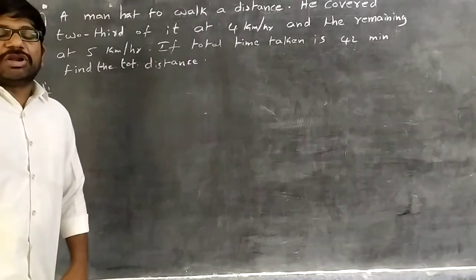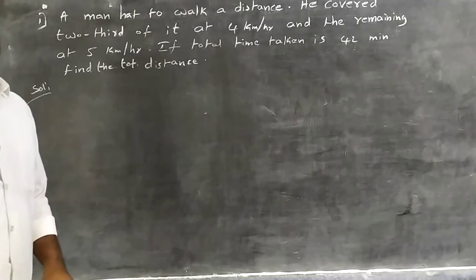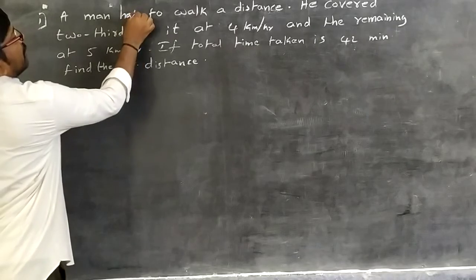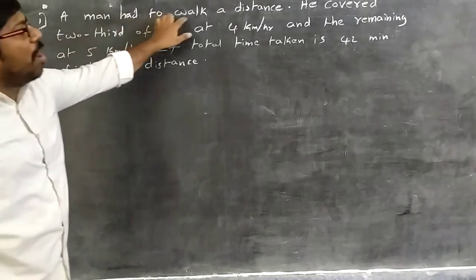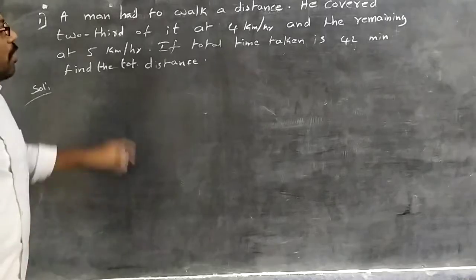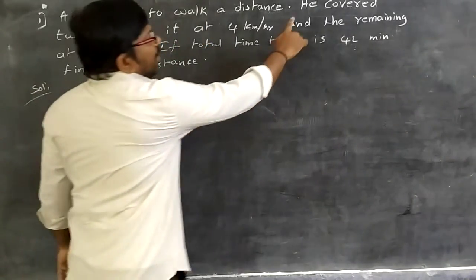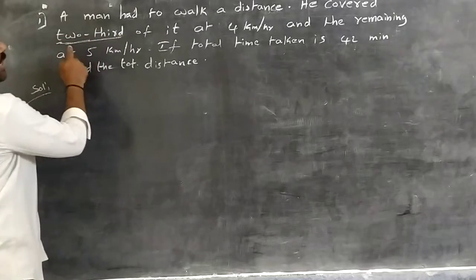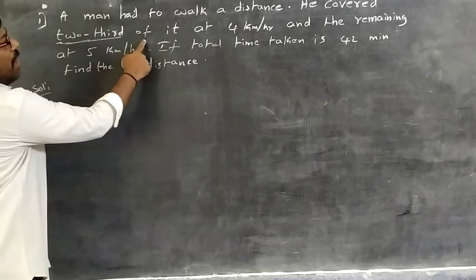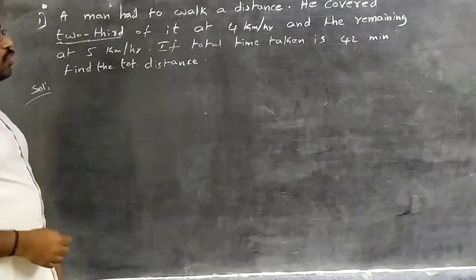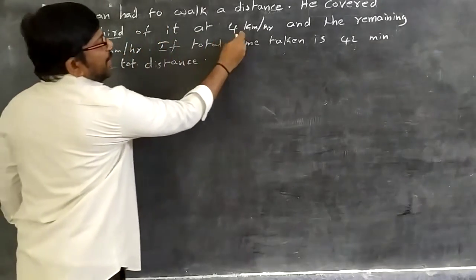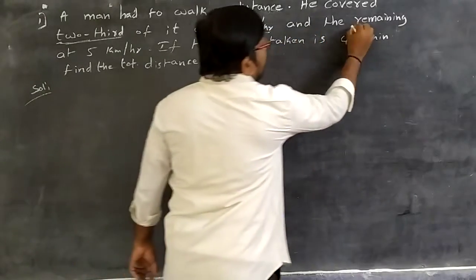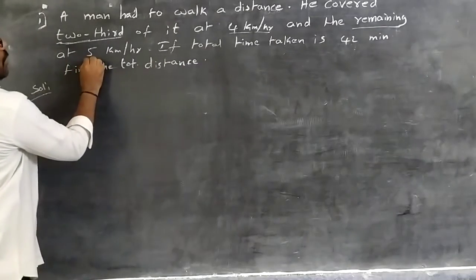Now, problems based on distance, speed, and time, right? The first problem: a man had to walk a certain distance, and he covered two-third of the distance, that is two-third of the total distance, at a speed of 4 kilometers per hour, and the remaining distance at 5 kilometers per hour.